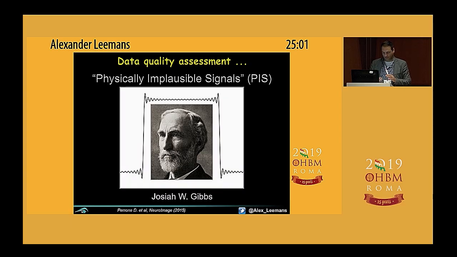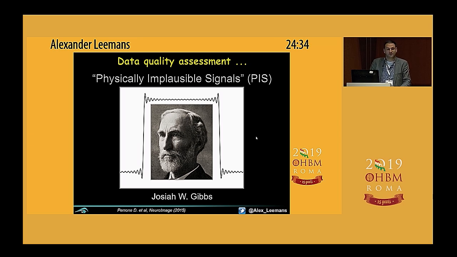Just to get you all on board, Gibbs ringing is a concept that if you have insufficient high bandwidth data, like high frequency components, then you get this undershoot and overshoot when you're doing the inverse Fourier transform. By the way, an interesting note: Einstein called Gibbs the smartest guy he ever met. So he must be a really smart guy.